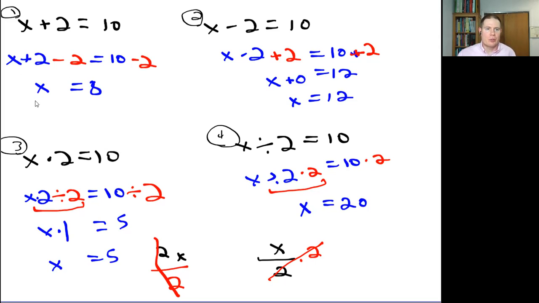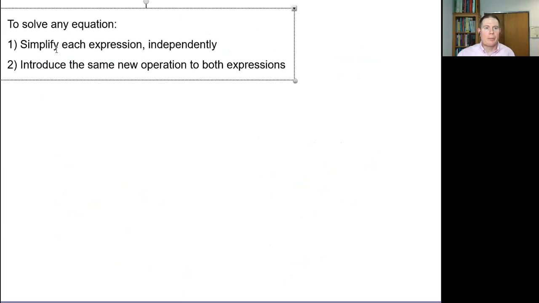I simplified this left expression. And separate from that, I simplified this right expression. Right? Each time I put in that red ink, the next step is to perform whatever operations are there now to get the next line. Right? In other words, I'm going back to step 1, simplifying each expression.